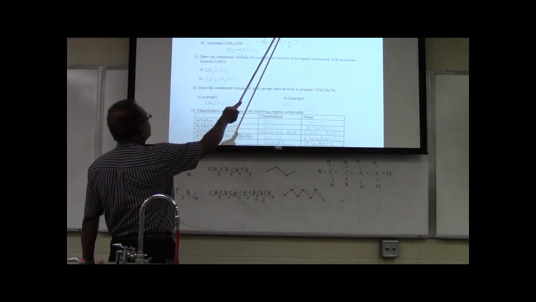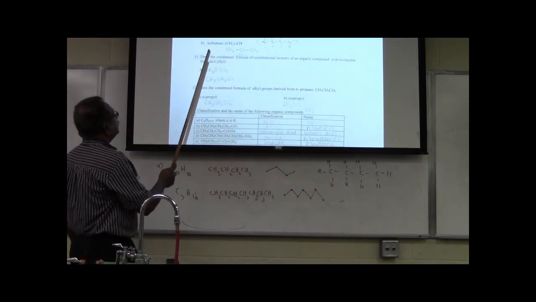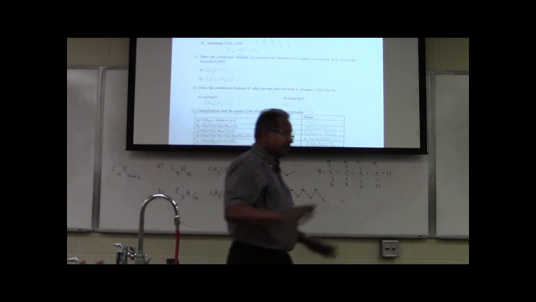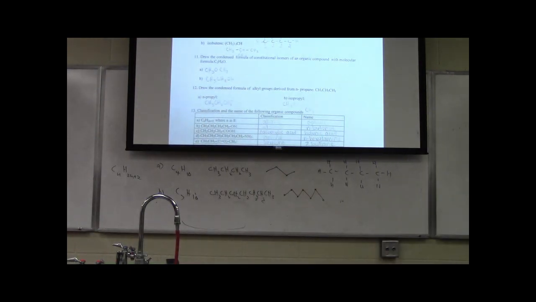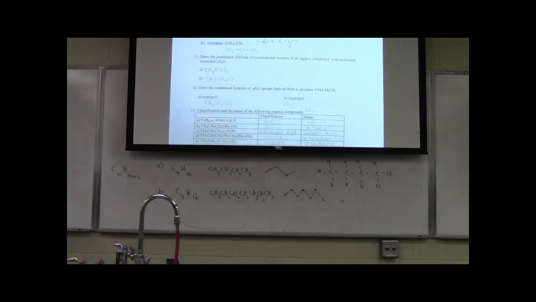Now I'm going to go over this quickly. What is the IUPAC name of the following branched alkanes? In IUPAC naming, this is really quick, okay? We don't want to spend too much time. Now, normal alkanes, no problem. Butane, pentane, hexane.